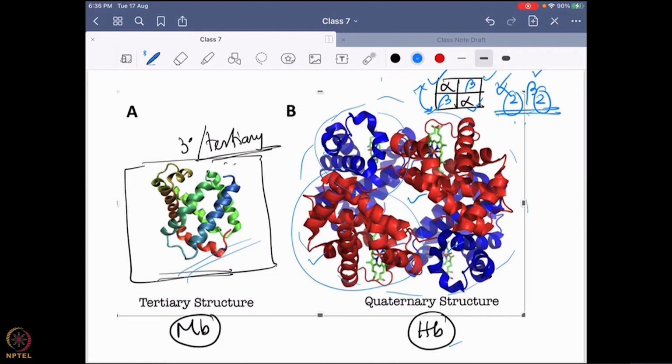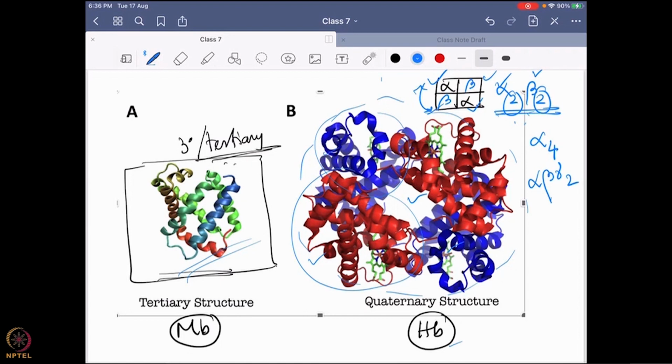Now if I say alpha 4, I would say it is homotetrameric. That means there are 4 units affecting each other, but all 4 are the same. You can have alpha, beta, gamma 2, which means there are 4 units: 2 of them are alpha and beta, and 2 of them are gamma.